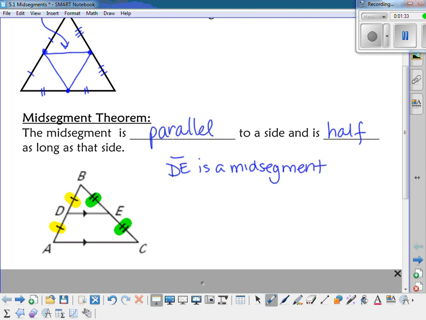And so by the midsegment theorem, I know that DE is parallel to AC. And I also know that DE is half as long as AC. Or the other way you could think of it is that AC is twice as long as DE.